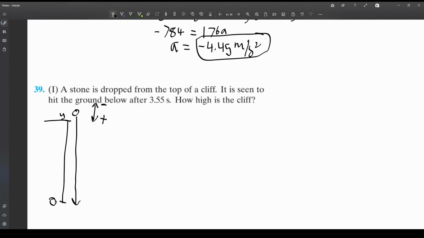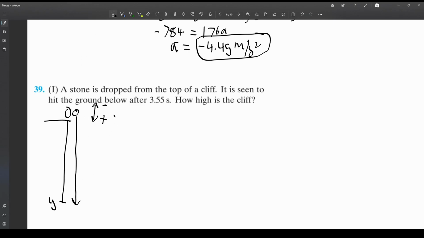So then that would make this our y, and then this our 0 value.